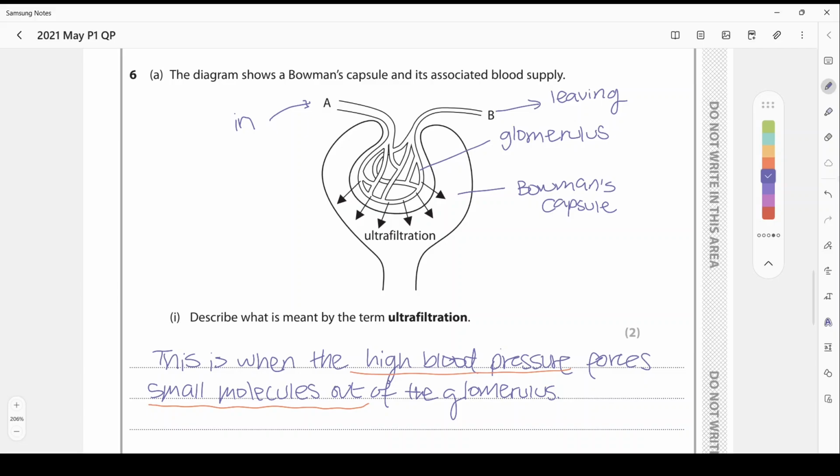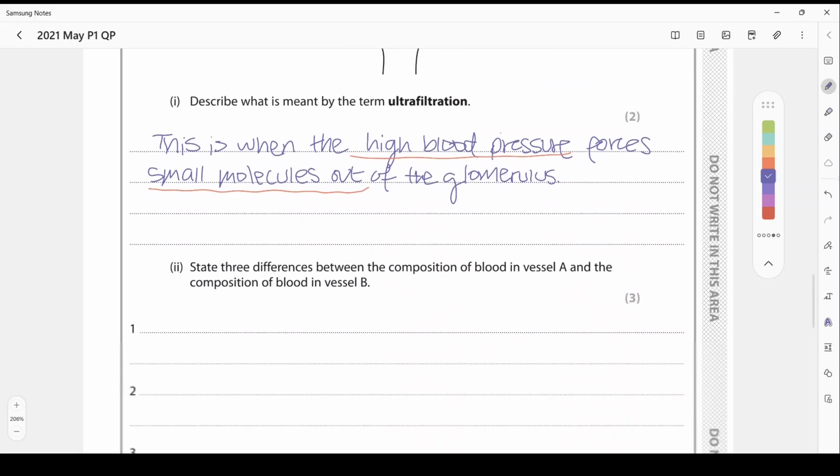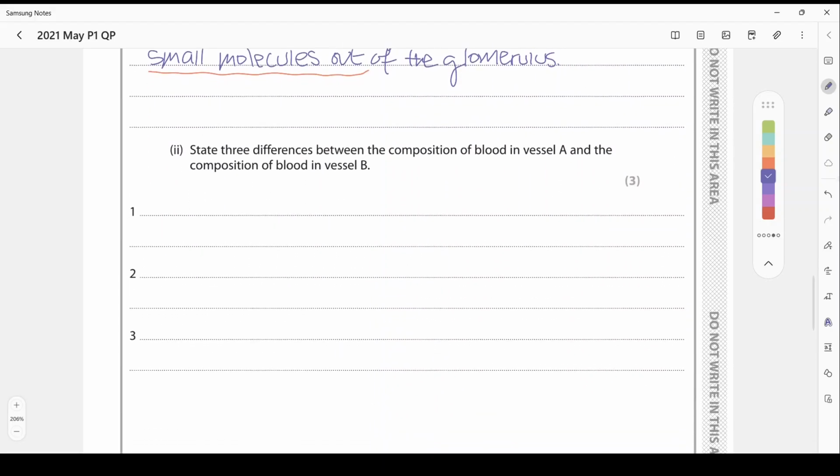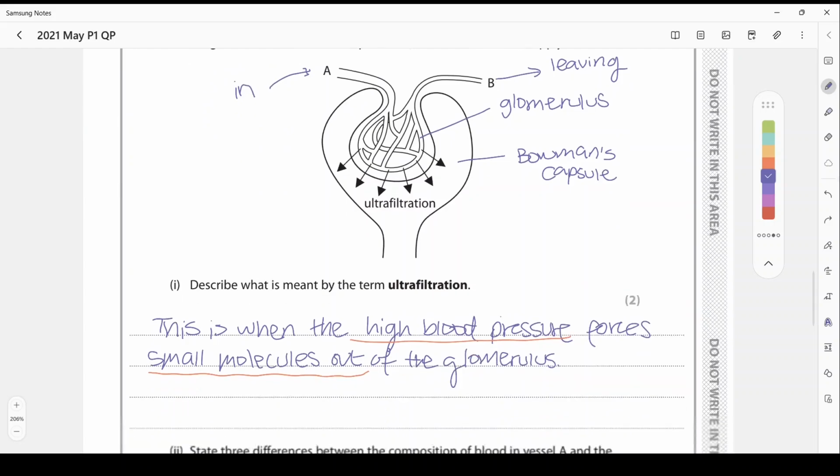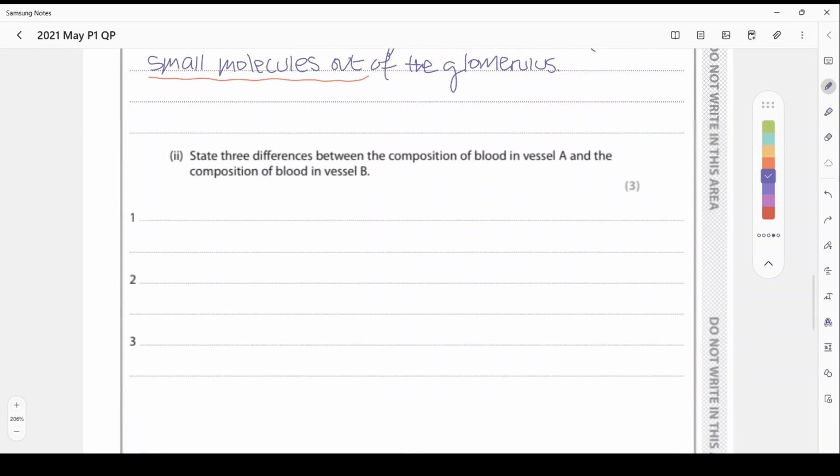In order to answer this question, we want to figure out what actually passes through from the glomerulus to the Bowman's capsule. These are the smaller molecules, and these small molecules include glucose, amino acids, and urea. So we can write that down. Blood vessel A, which is the blood coming in, has more glucose, more amino acids, and more urea.